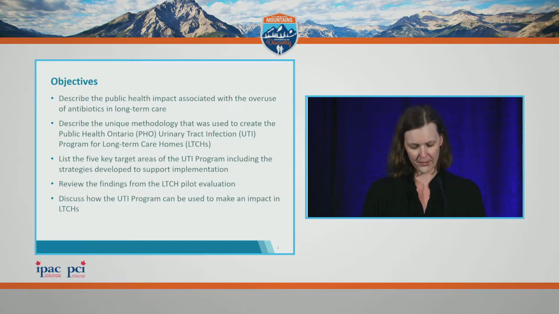I'll also discuss some of the strategies that we can use to ultimately minimize antibiotic prescribing. I'll review the findings from our long-term care home pilot and evaluation that took place during and after the program was created, and I'll discuss how the UTI program can be used to make an impact in long-term care homes going forward.